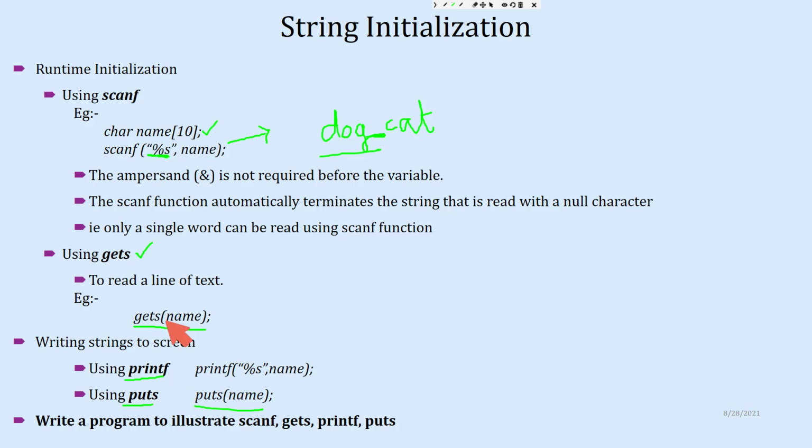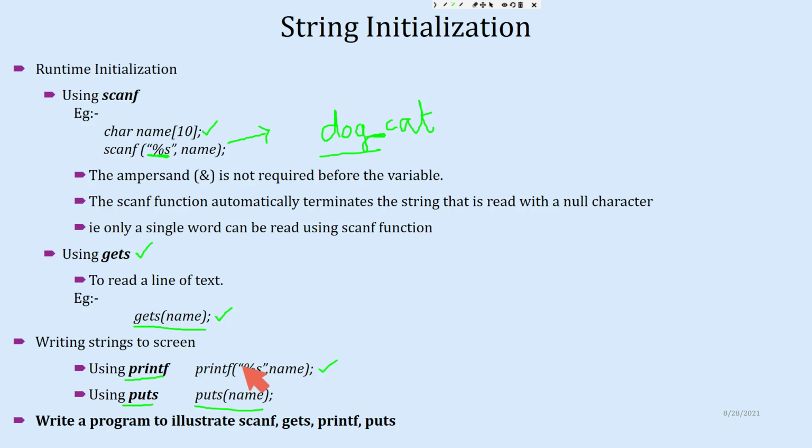I already told you gets is used to read a line of text. Suppose I have read a name using the gets function, and I am trying to print that line of text, which means more than one word, using the printf statement.